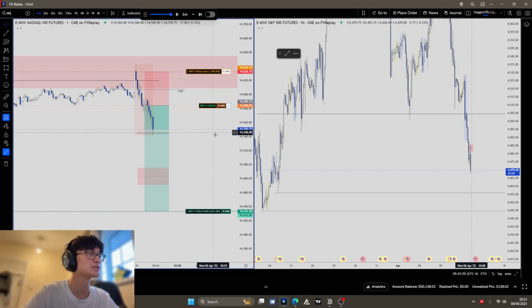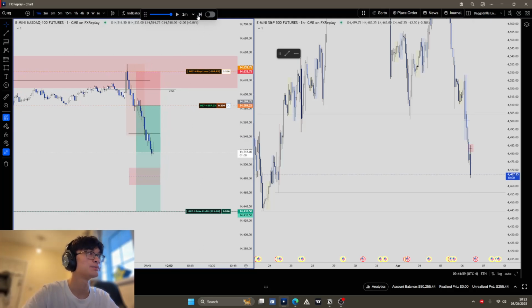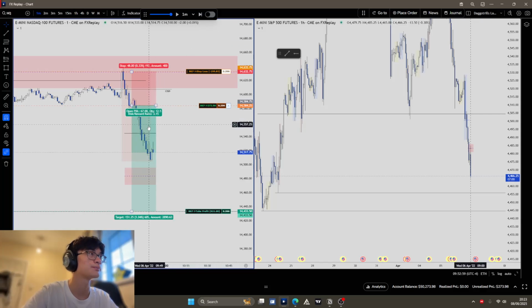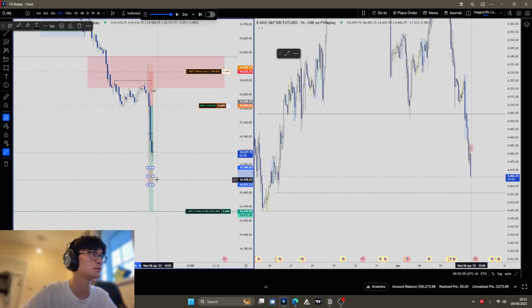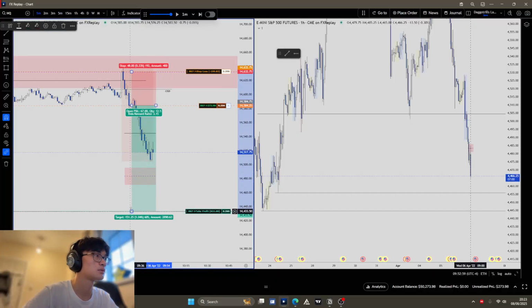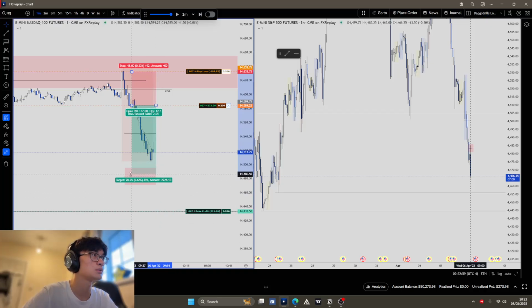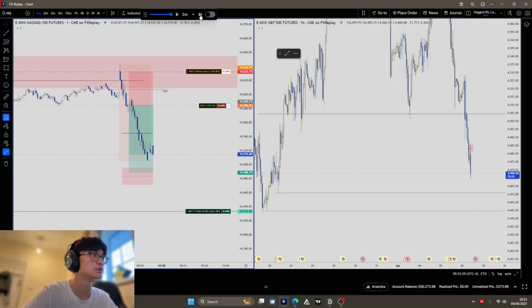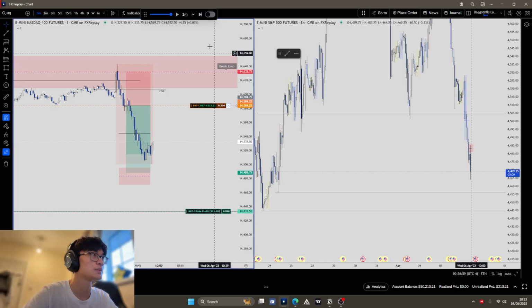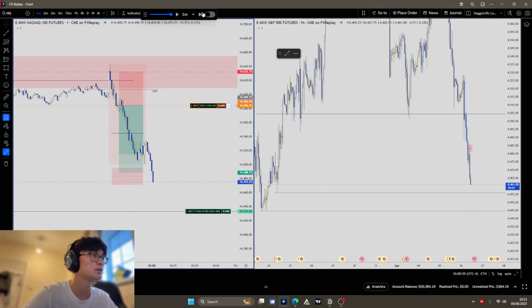No trail spots, honestly. Wait. What R is this now? 1 to 1.8. Oh, partial at 1 to 2. So right here. 1 to 2 at partial. This is probably break even now, by the way. 1 to 2, there it is.